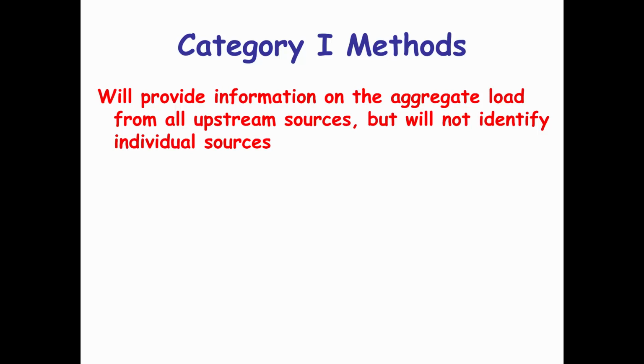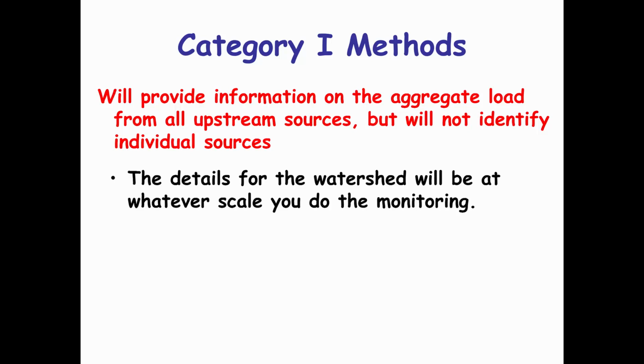These methods do not provide information on individual sources of pollutant. They only give you an overall estimate of load coming from an area. And whatever scale you're monitoring at will be the scale for the estimate of the load.